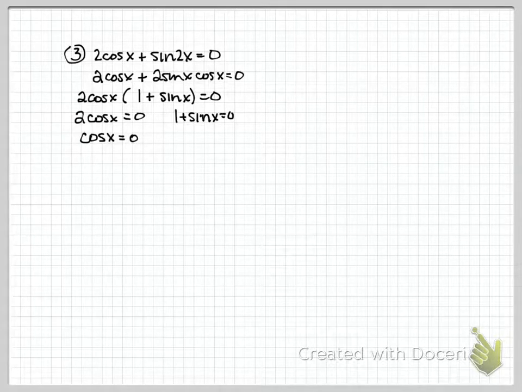And cosine of x equals 0, if I do my arc, I know that cosine is 0 at pi over 2 and at 3 pi over 2.